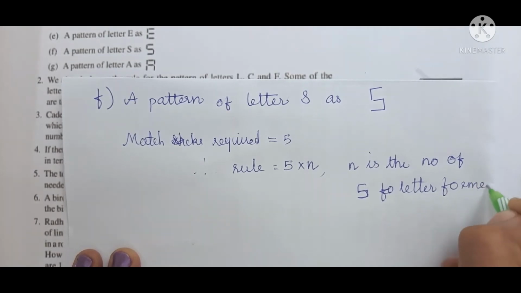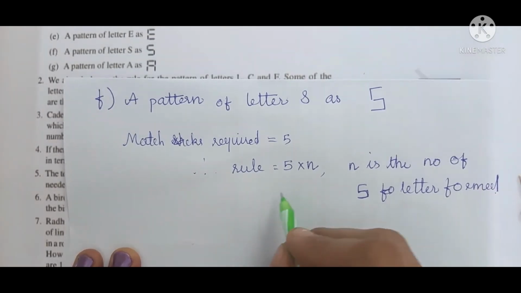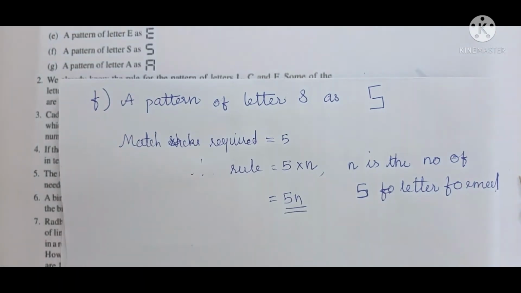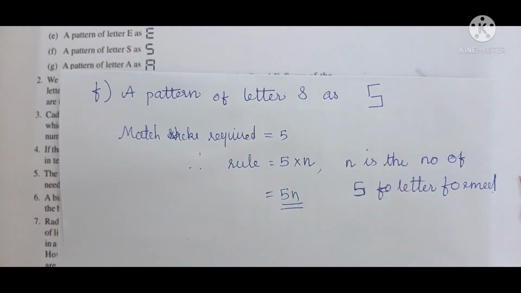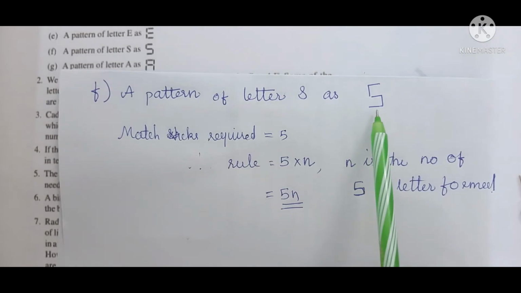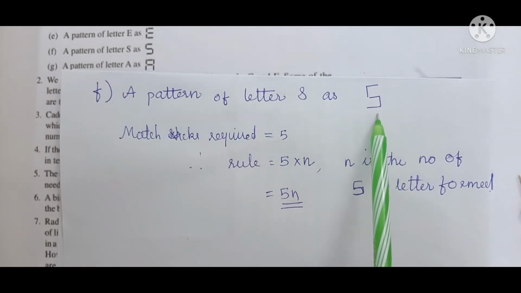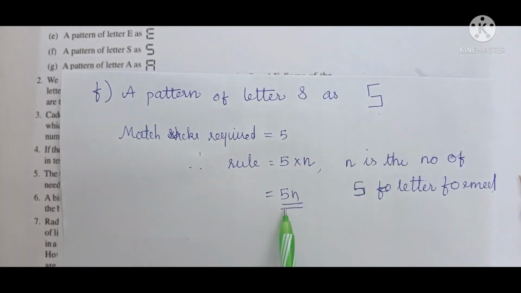You have to write this. Okay, so the rule will be 5n. So to find the number of matchsticks for making the S letter, we have to use the rule 5n.